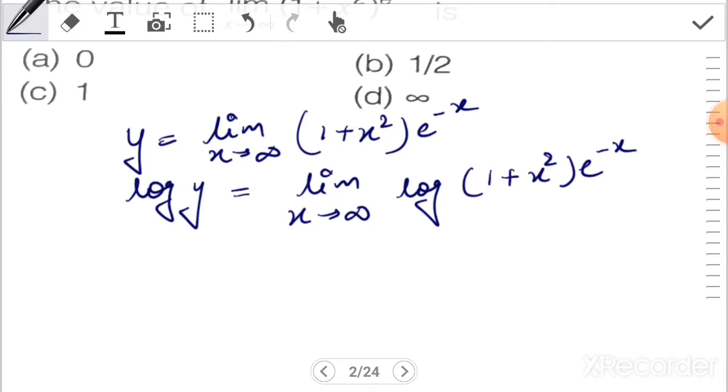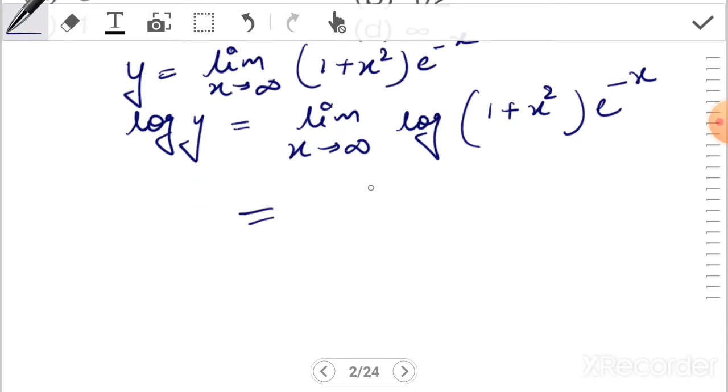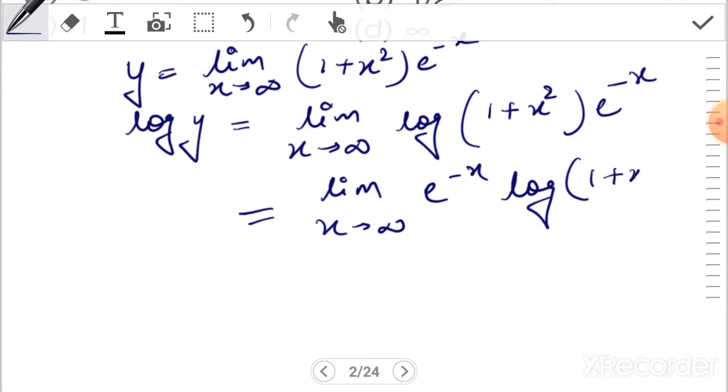Now from the property of logarithm we have e power minus x times log(1 + x squared).